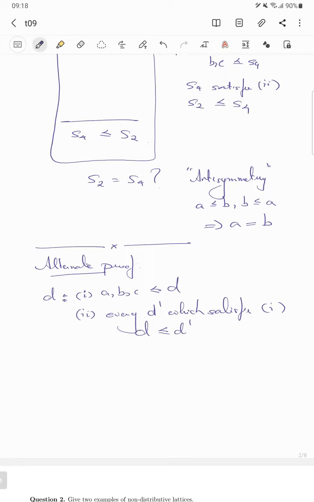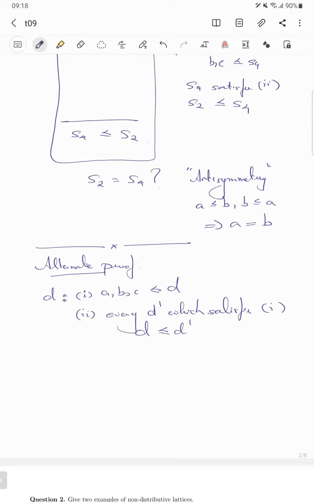This is very similar to what Vishnu was thinking. If you are thinking about the maximum, this makes a lot of sense. Even for other examples like LCM and all the different lattices that we can come up with, such a thing applies. This D is a common upper bound for all of them. In fact, you can extend this to any finite set, not just three elements.